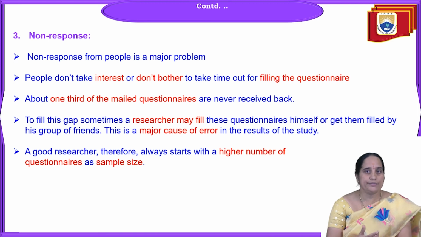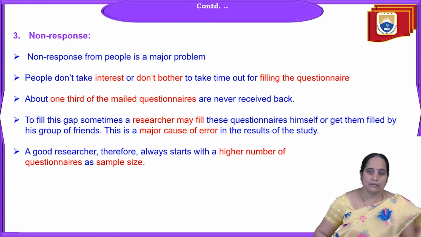Again that leads to systematic error. So a good researcher always starts with a higher number of questionnaires as sample size, so that we can have accurate data without any type of errors.